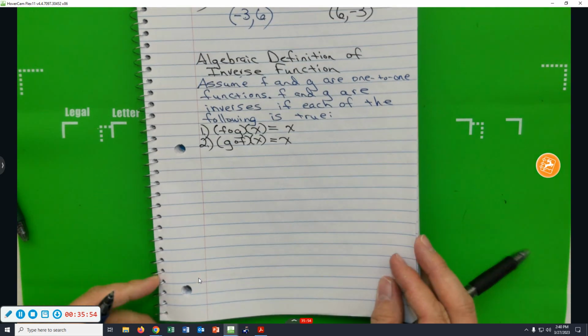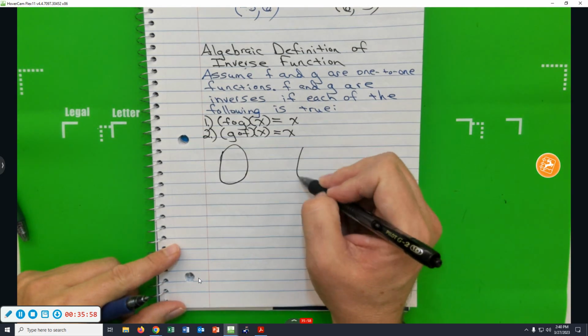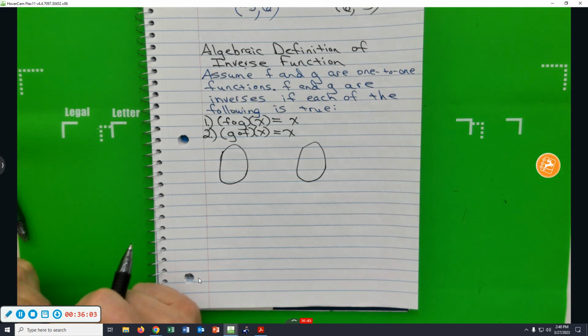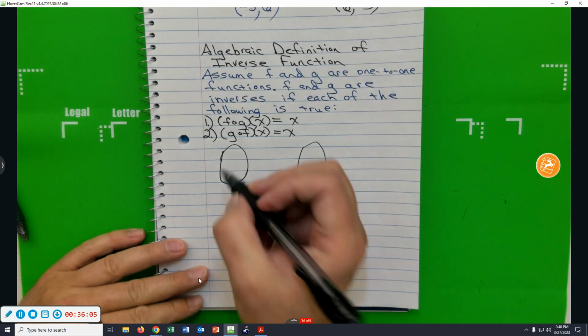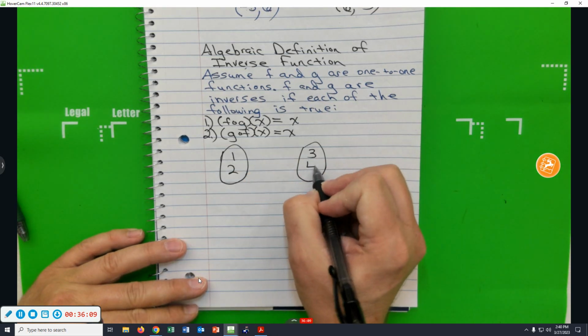And to illustrate, I'm going to use one of those little mapping illustrations that we used when we were discussing functions the first time. Let's say 1, 2, 3, 4.